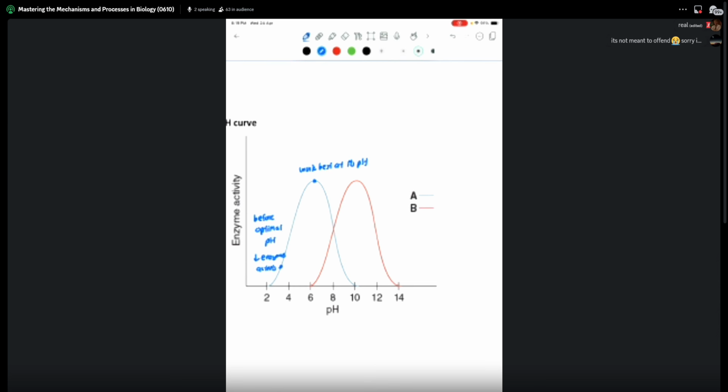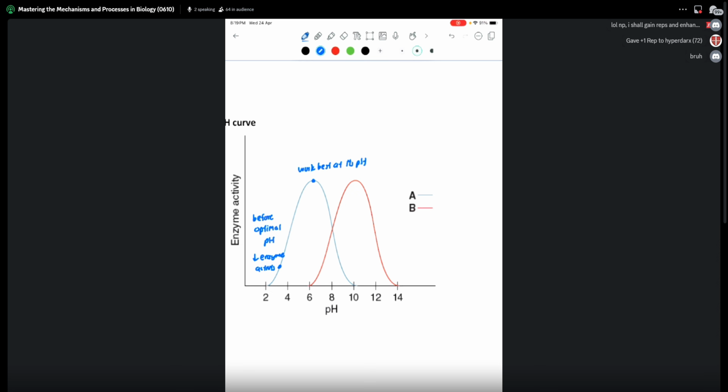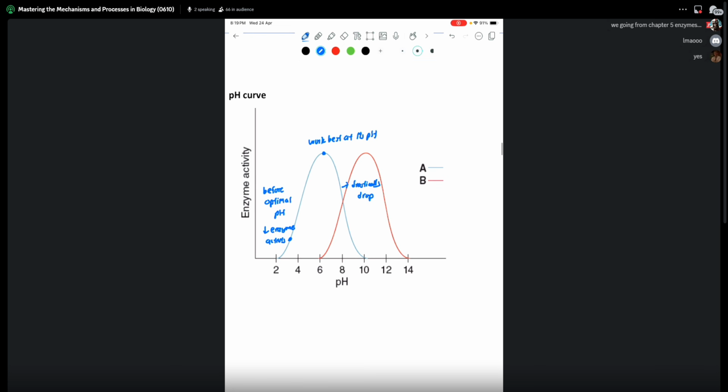Then what happens when it reaches peak performance? When the pH changes again, it drastically drops. This curve drastically drops the moment it starts to go further away from the optimal pH, so there is a drastic drop in the enzyme activity. If you wonder why, same thing. Protein, right? One factor is temperature: when the temperature is too high, the kinetic energy will distort the structure.